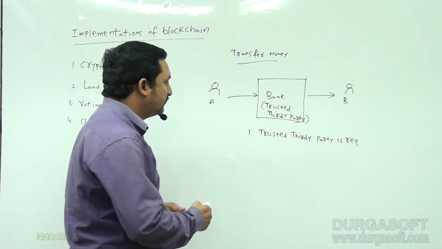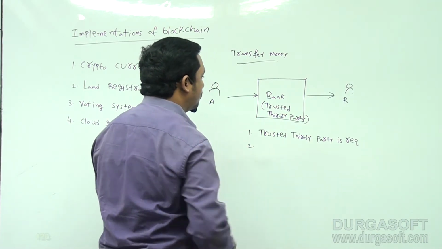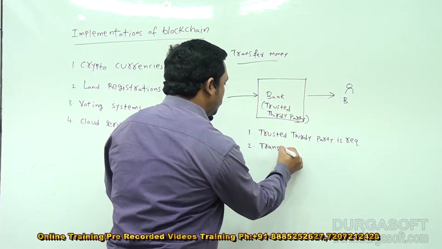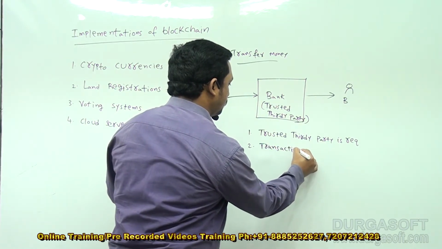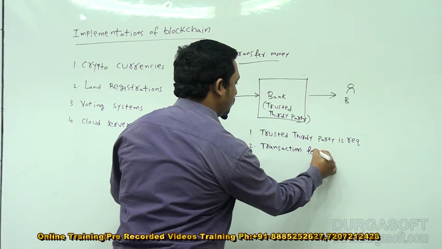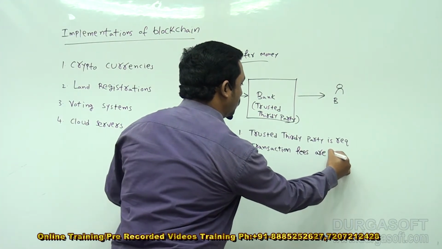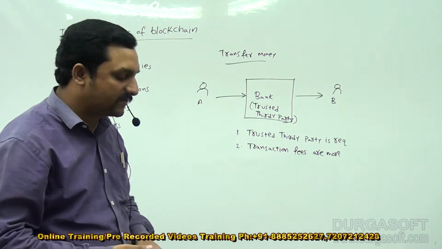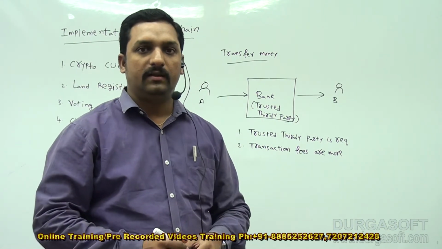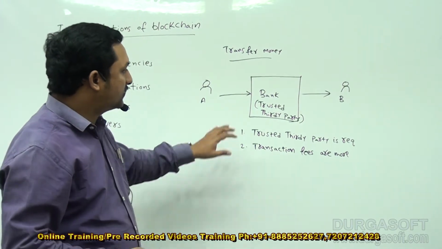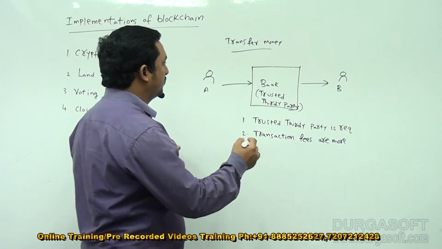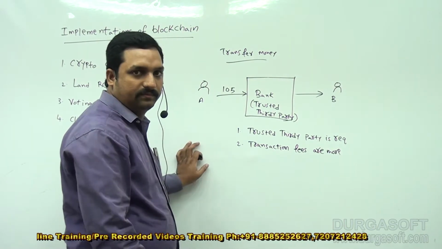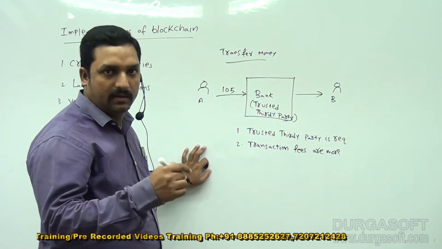That is not possible in terms of the present financial situation. So, the second problem, transaction fees are more. So, we have to pay more transfer fees. So, for example, you want to transfer some 100 rupees. So, we are trying to transfer 105 rupees totally, along with the GST.